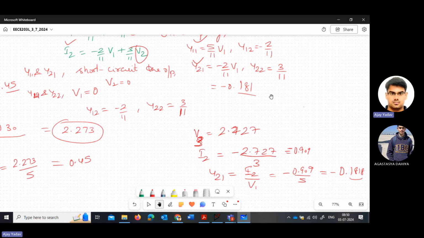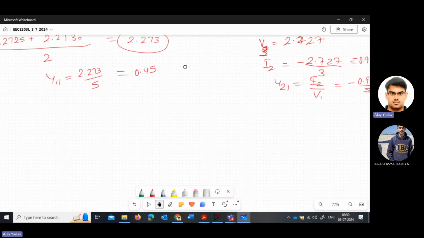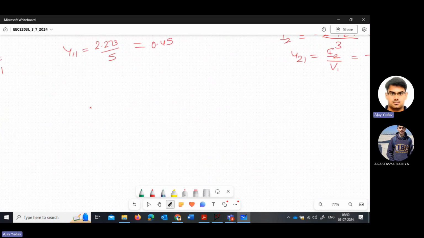Okay. And you can make a table here: theoretically, as we have calculated here, and measured, or you can use the word practical also, that is more appropriate. You have to write the value of y11 here and y11 dash.